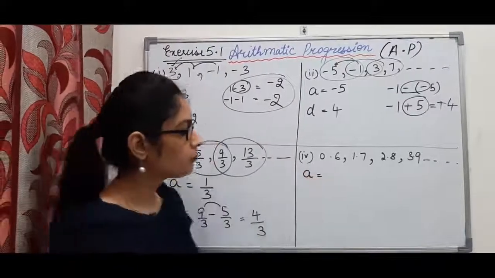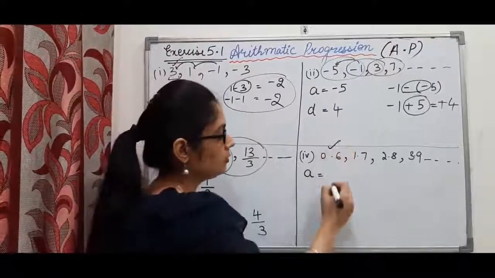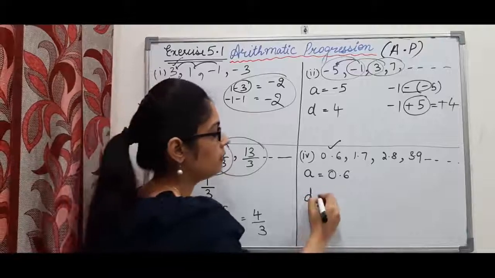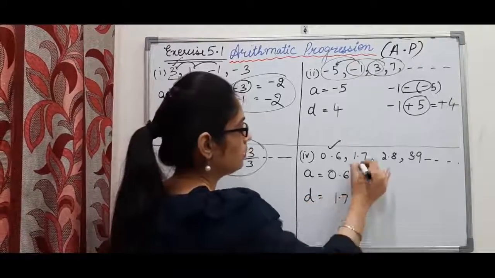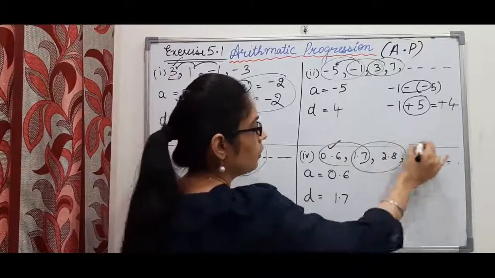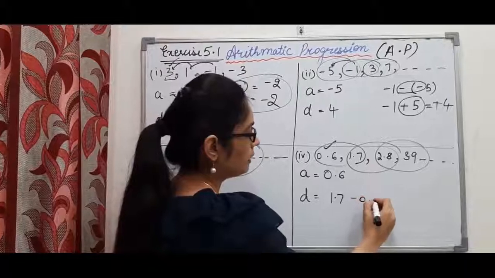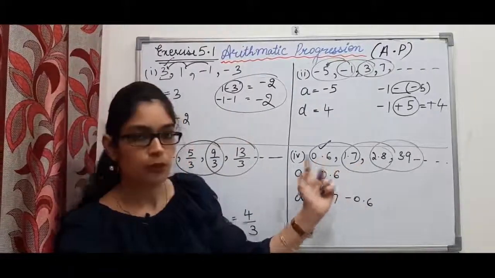In the fourth part, this is the given sequence. The first term is this one, so this is our A. For the common difference, we can subtract any two terms, these two or these two or these two. So if you choose these two, it should be 1.7 minus 0.6.